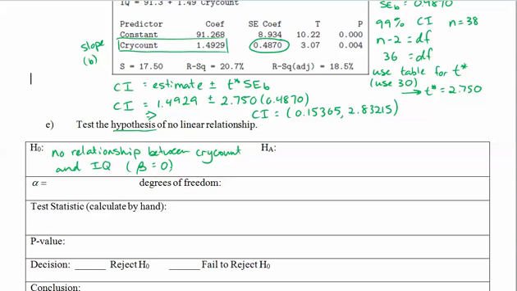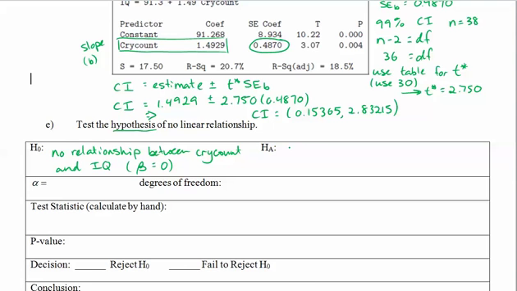Now remember that our hypotheses are always about parameters, not about statistics. So we use our statistic b as an estimate to help us decide whether our beta, which is the parameter, is 0 or not.